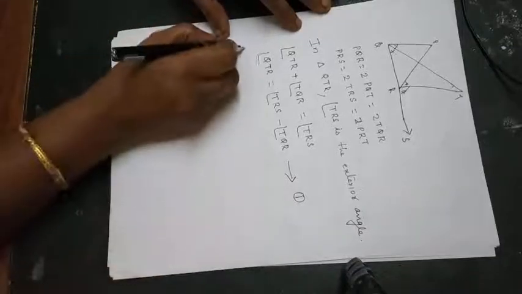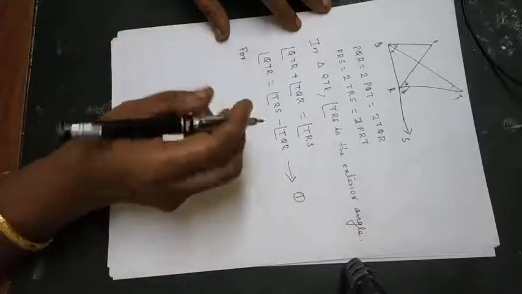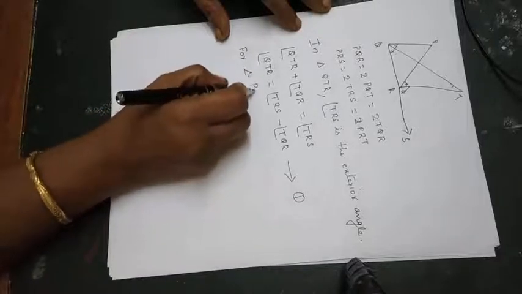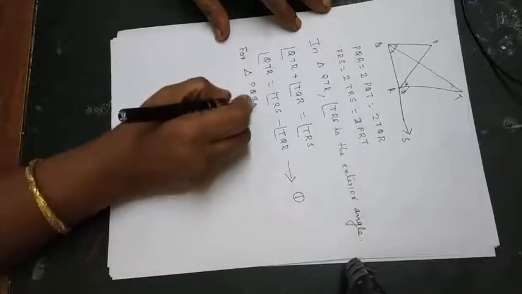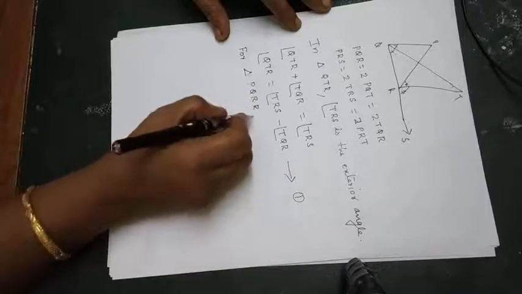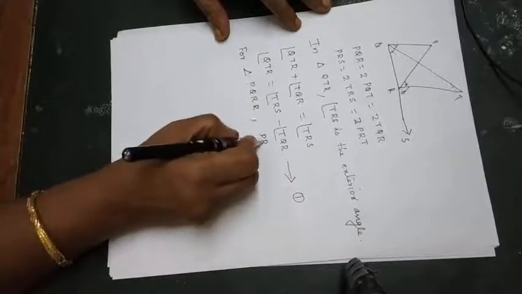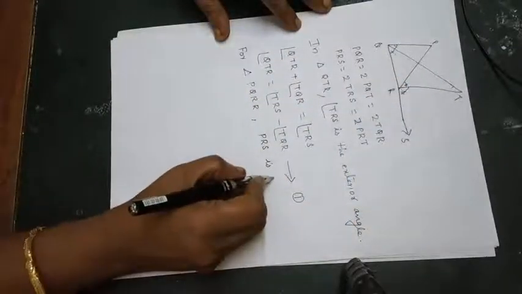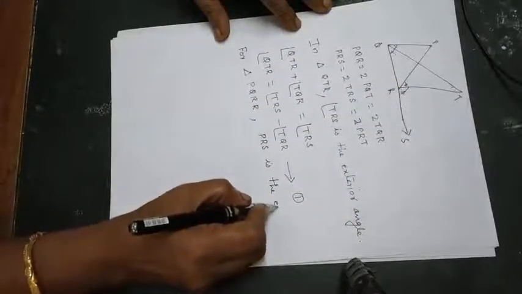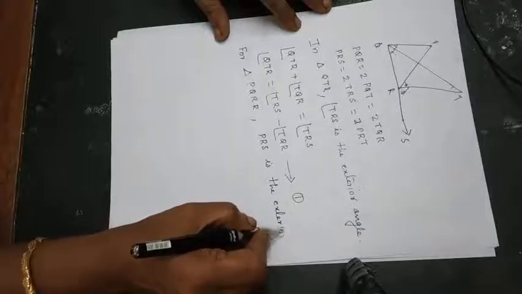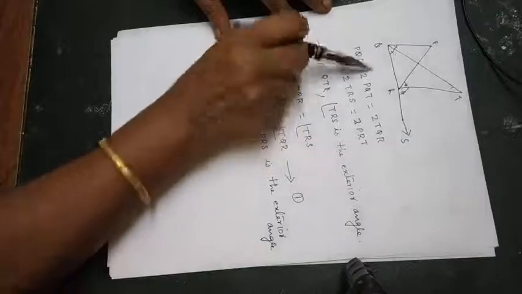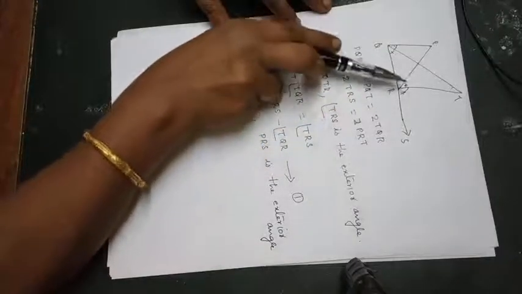Now the same way for the second triangle also. For triangle PQR, PRS is the exterior angle.